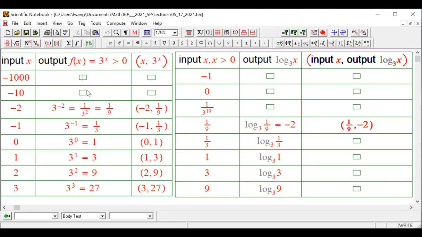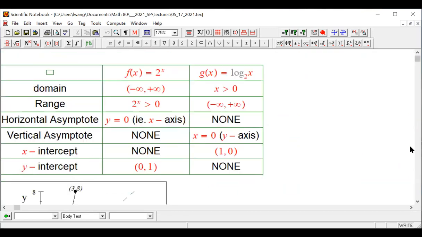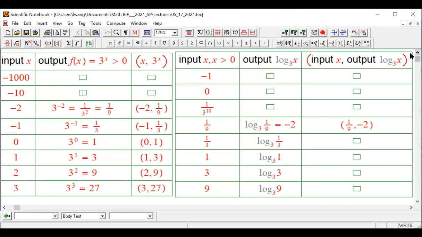We're going to leave these two empty for now. And we're going to plot all of these points, all these 6 points. Please get started. You should have a paper and pencil with you.